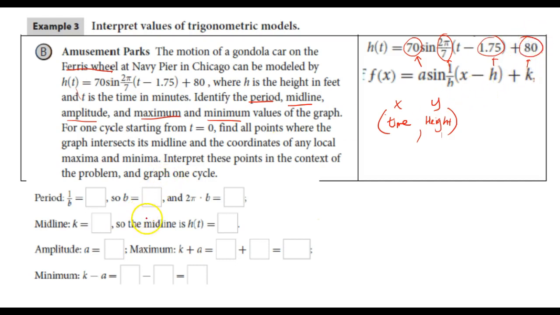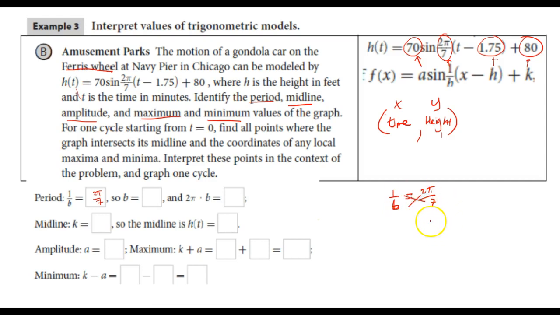Alright, so I think the most difficult one to plug in will probably be our B value, because you'll notice that 1 over b equals 2 pi over 7. So I'm going to take some time to solve this out, because that's a little bit more involved than the ones we've done before. Let's cross multiply.